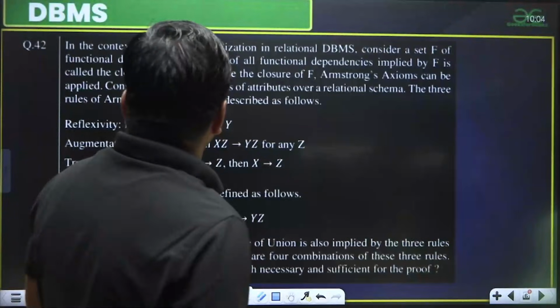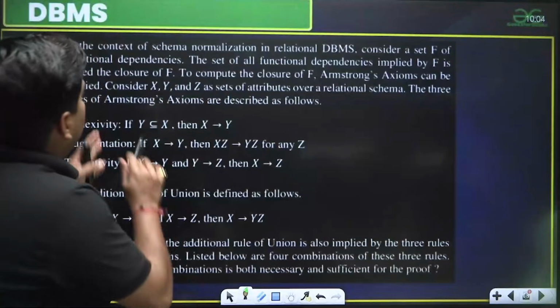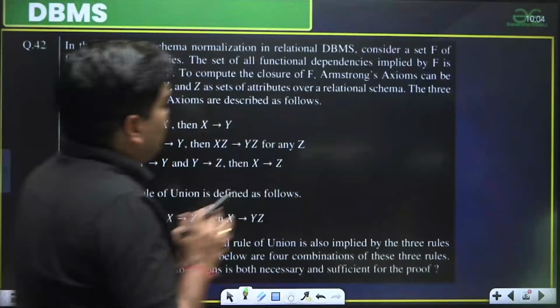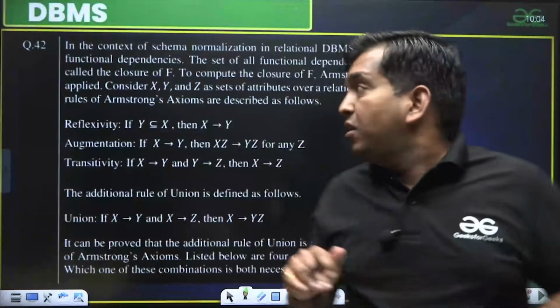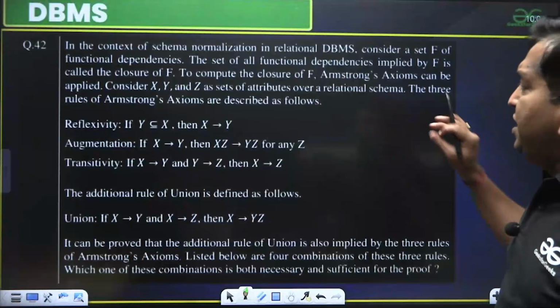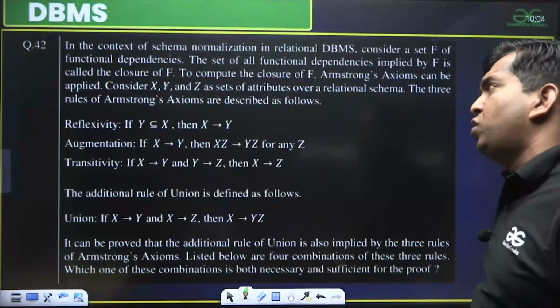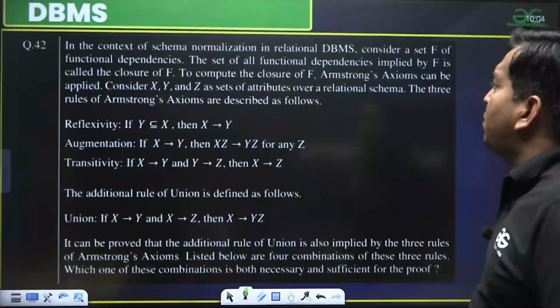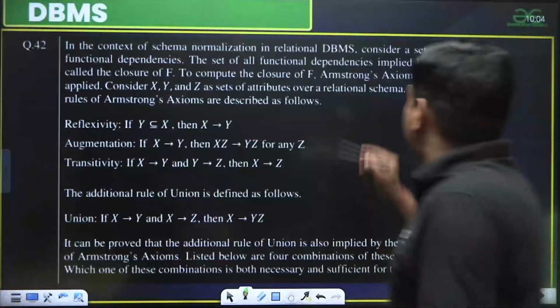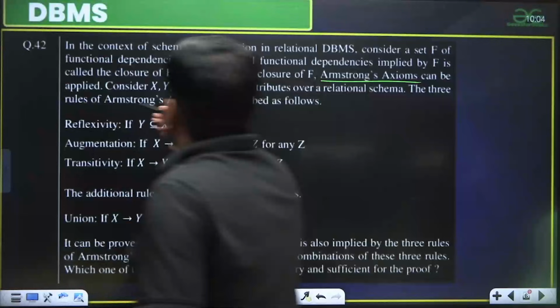Next, in this question, what is mentioned? In the context of schema normalization in relational DBMS, the FD is given and the set of all FDs which is implied by F is called closure of F. Okay, correct. To compute the closure of F, Armstrong axioms can be applied.